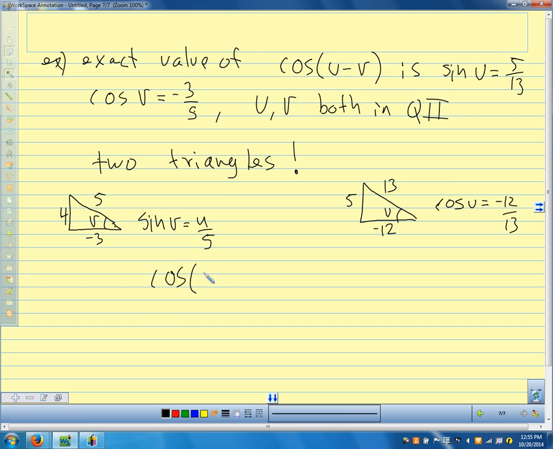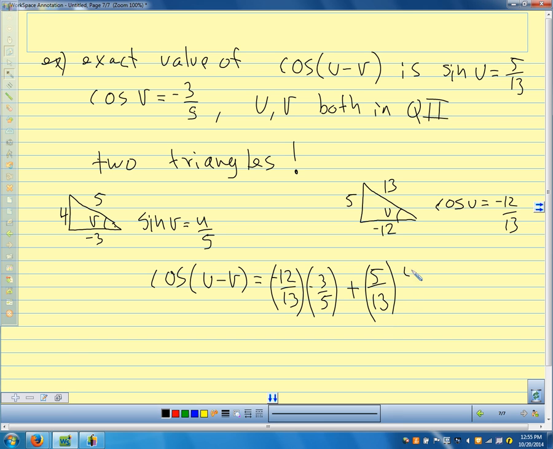For my formula, the cosine of U minus V equals cosine U, cosine V. So I get -12/13 times -3/5 plus sine U sine V, 5/13.